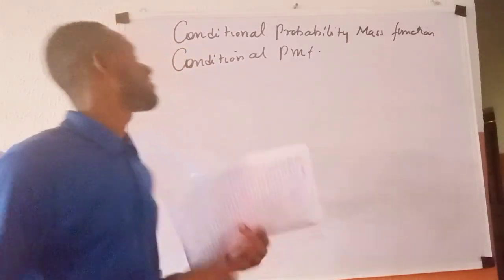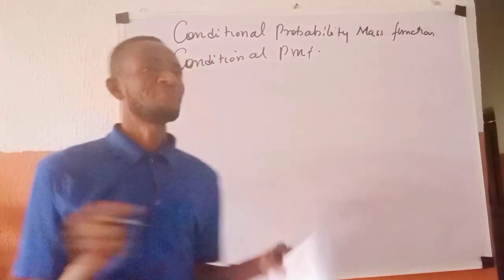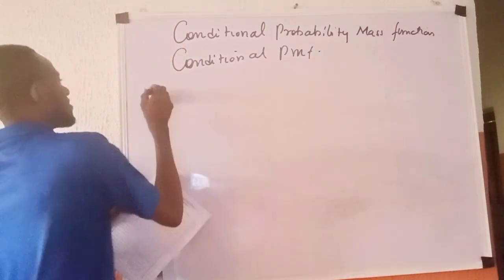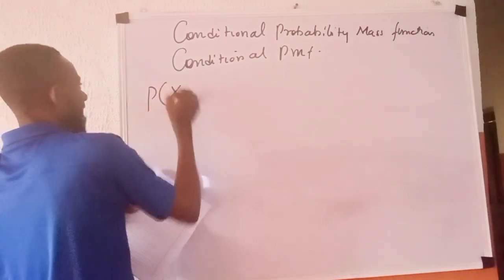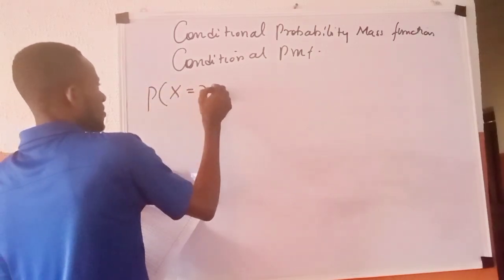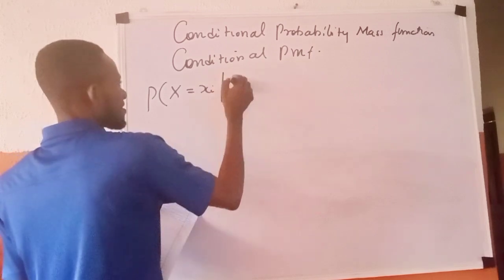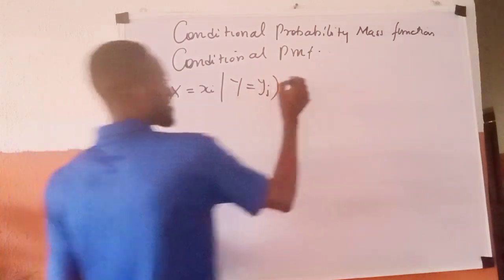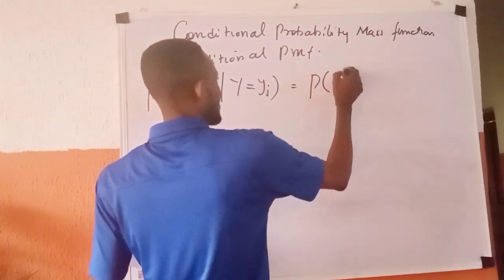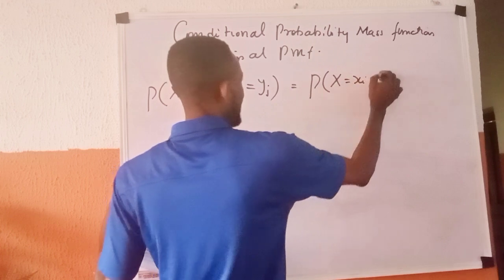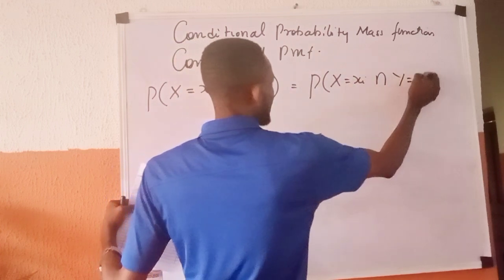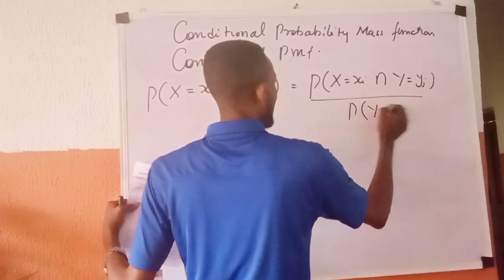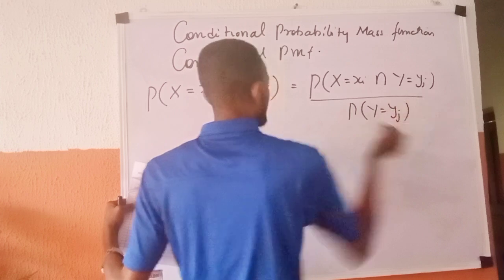When we talk about the conditional probability mass function of x, what we are saying is this: the probability that capital X takes a value xi, given that Y takes a value yj, is defined as the probability that X takes a value xi intersection Y takes a value yj, all over the probability of Y equals yj.